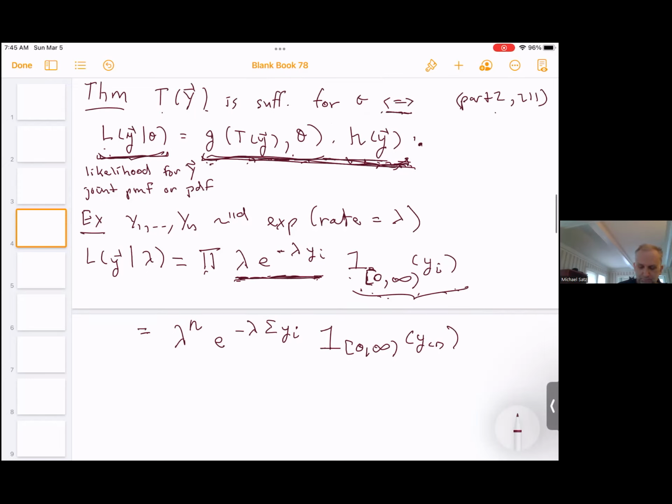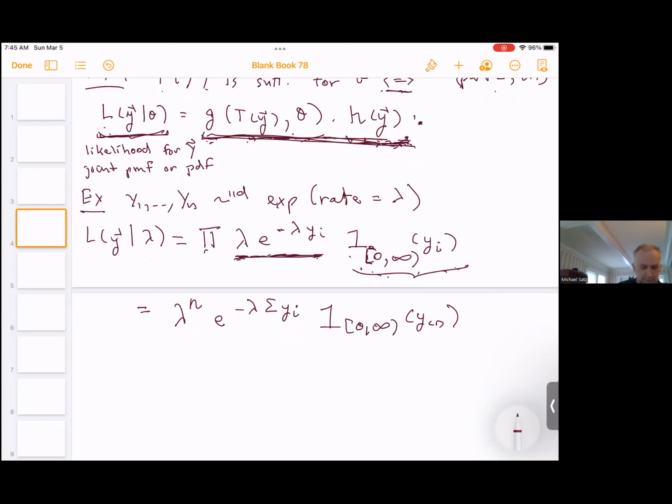Okay, so it worked, right? And we see the sufficient statistic. This term is G, just one factor, so I got a factor with the parameter, and now I see that the sum is sufficient.